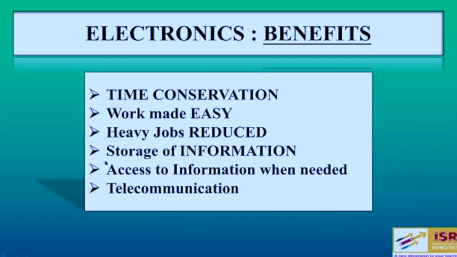Next is, as we have benefits for electronics, we have drawbacks too. So coming to the benefits first: time conservation and work made easy. You can relate these two things with the example of the washing machine which I have given you earlier.